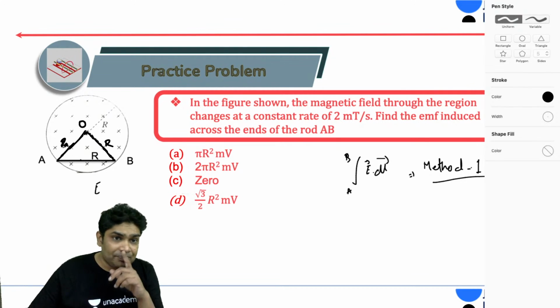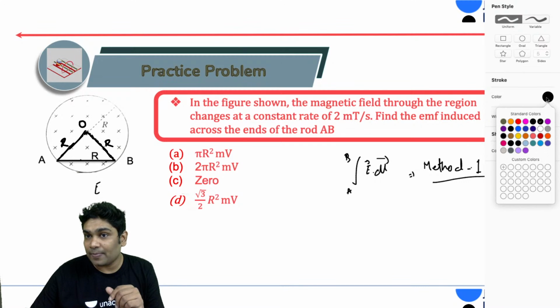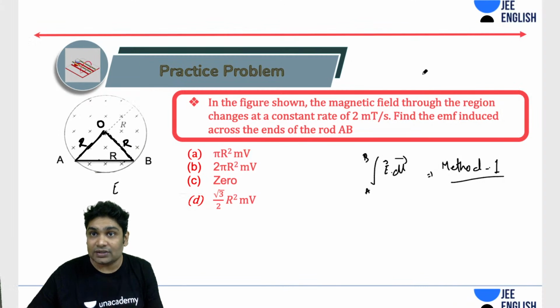Now you realize the closed integral of the EMF across this loop can be broken into three parts. Let's go through this.